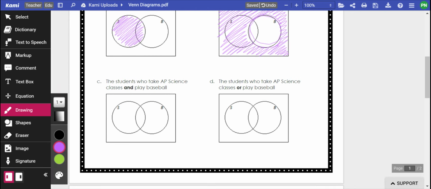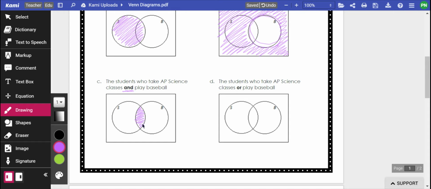Students who take AP science classes and play baseball. So there has to be an overlap between them. So I don't care if the student only takes the AP class or plays only baseball. They have to meet both criteria, which means I need to shade this middle piece.